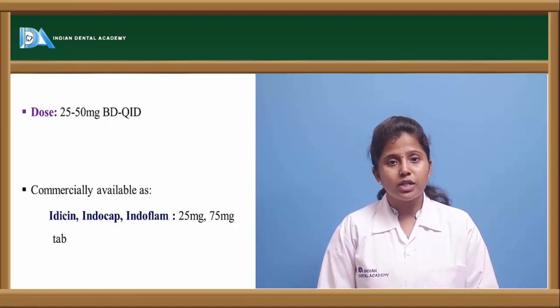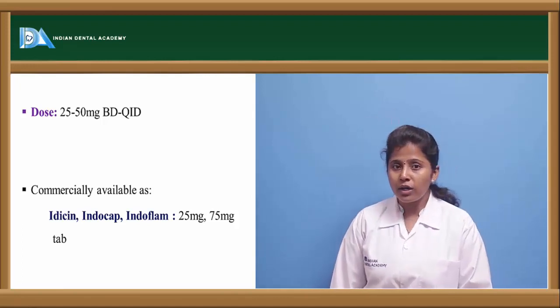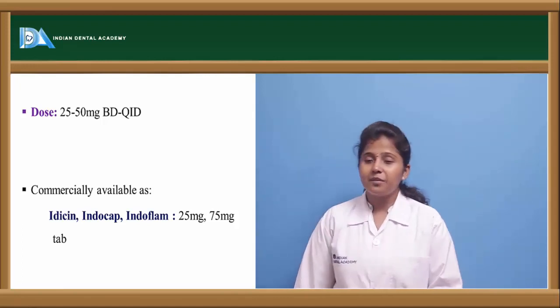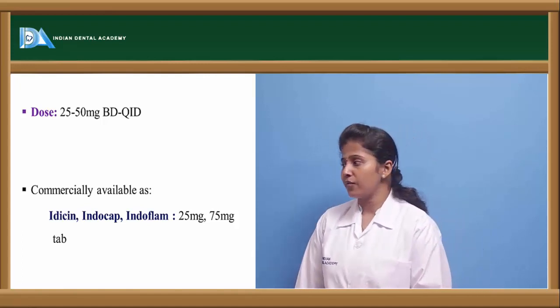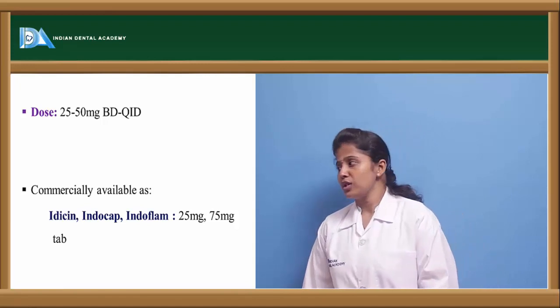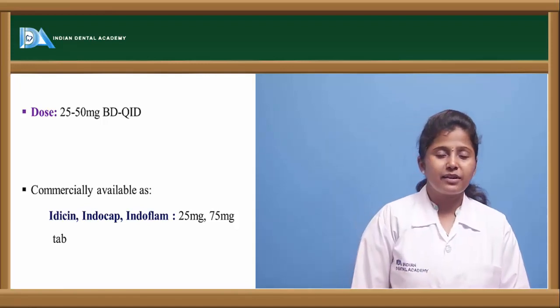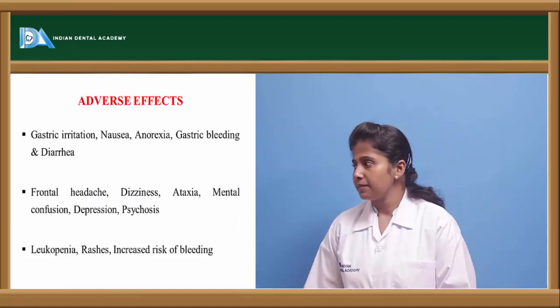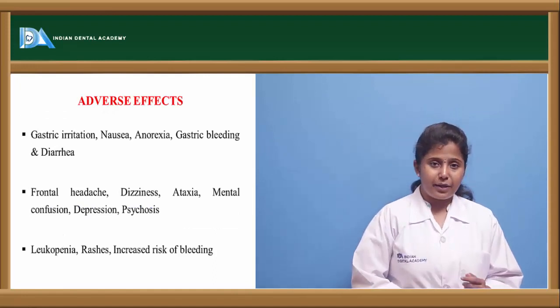Based on the dose, we give it either twice a day or 4 times a day. It is commercially available as Indocin, Indocap as well as Indoflam, in 25 and 75 mg tablets. What are the adverse effects of Indomethacin?